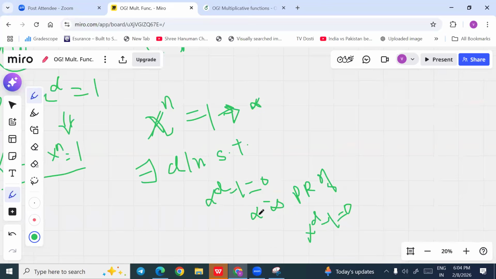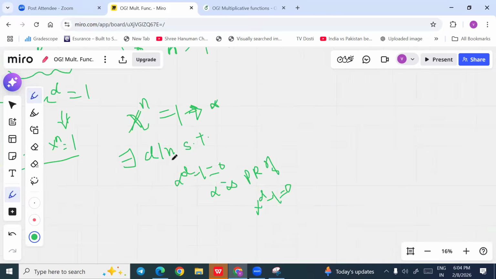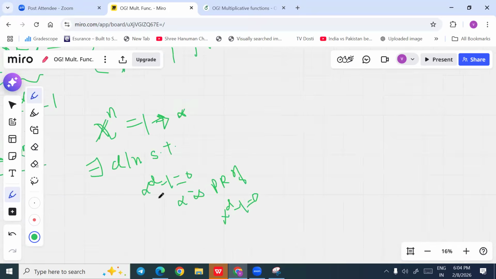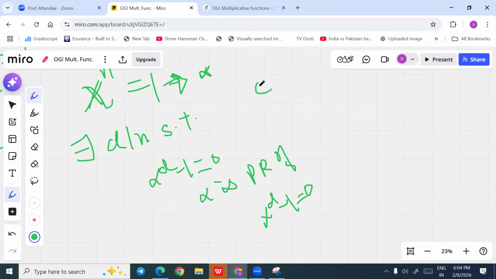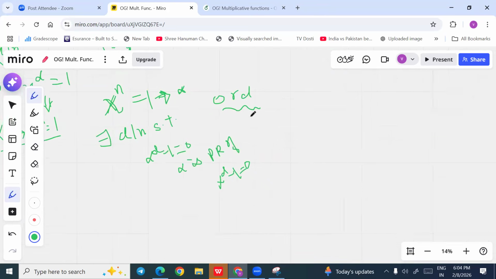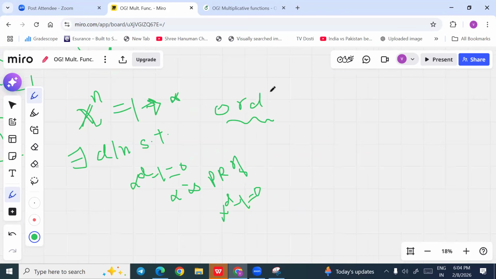So basically this is telling you that the first number to make alpha to the power something equal to 1, let's say if that is d, then d has to divide n. So this is basically order divides the thingy. You know what order is in number theory, right?